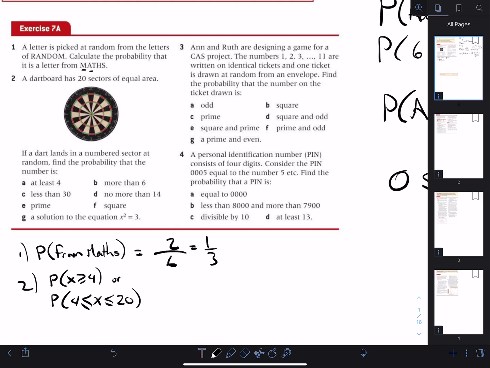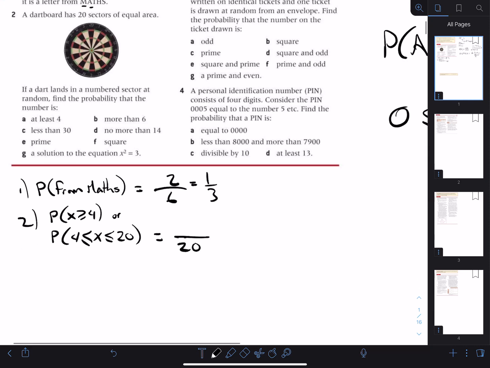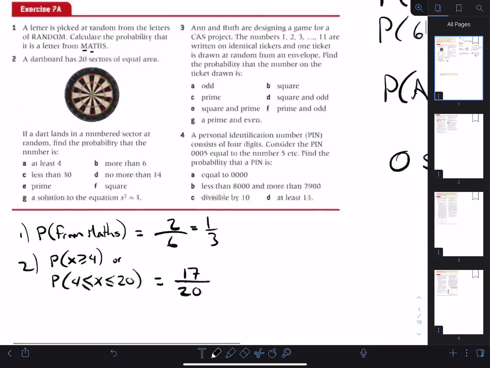Because it can't be beyond 20. Either way, that doesn't matter, that's just the naming convention. So how many things are greater than or equal to 4? I believe there's 17 of those. Another way to think about it is 1, 2, and 3 would be no good. Those are the only 3. It's pretty straightforward, I tell you.